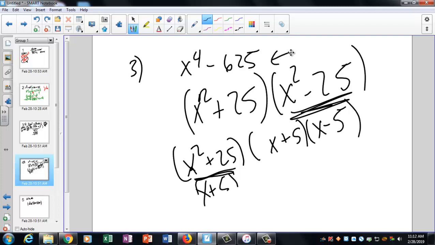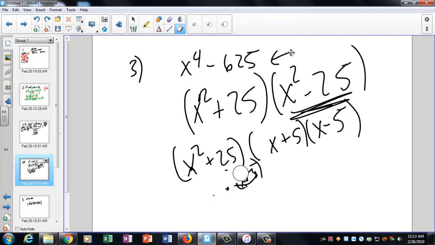No, don't force it. It's not (x plus 5)(x plus 5) because the middle terms won't cancel. The only ones that will do that are the ones that are minus. That's because the middle terms will cancel. You can't see that I'm pointing at the screen, but I'm pointing at the plus 5x and the minus 5x.